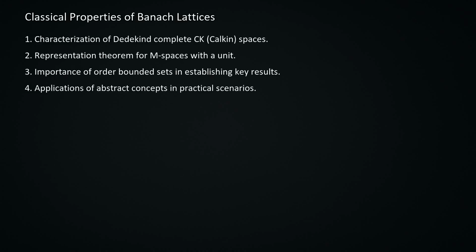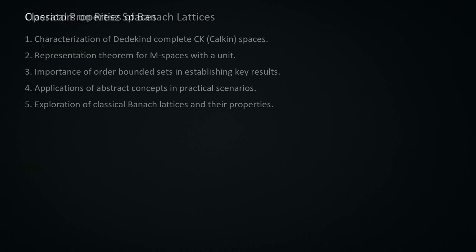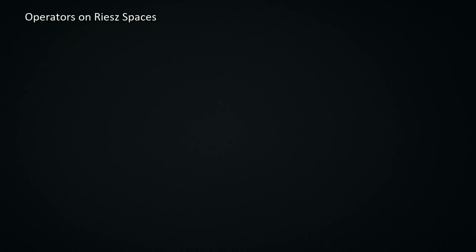The inclusion of detailed examples throughout this chapter enriches the reader's comprehension by illustrating how abstract theories can be applied practically. These applications range from simple illustrative cases to more complex scenarios involving advanced mathematical constructs. As a result, readers gain not only theoretical knowledge, but also hands-on experience in problem-solving within Banach lattice theory.